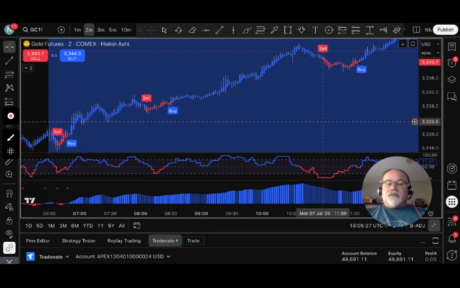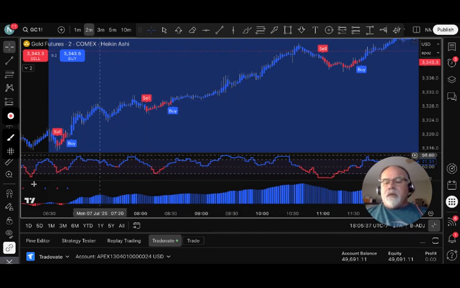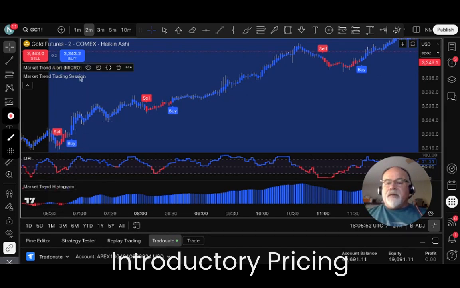Okay, so without further ado, I'm going to go ahead and jump over here to the gold futures market. Now, the actual indicators that I've got loaded are the market trend alert, market trend trading session, and the micro or the market trend histogram. So I have the micro trend and the macro trend loaded.